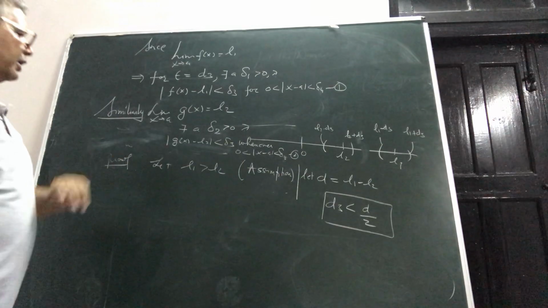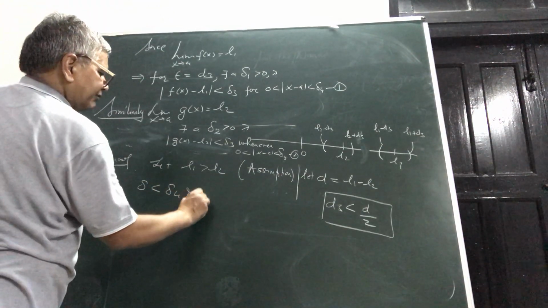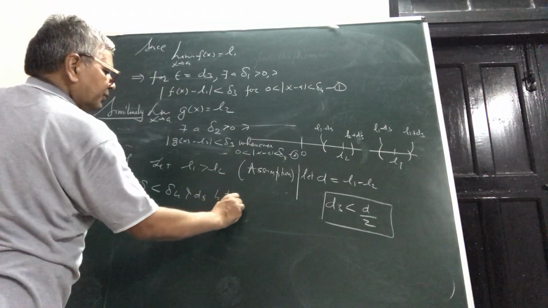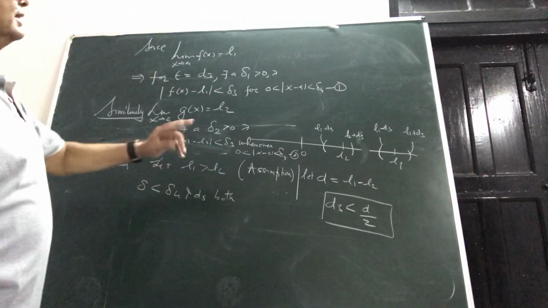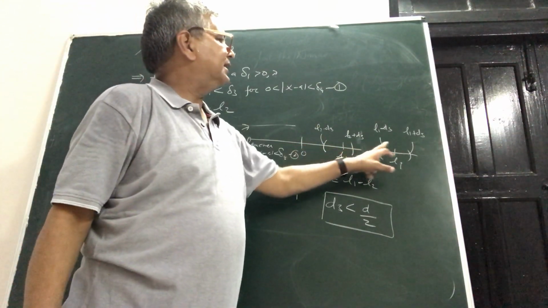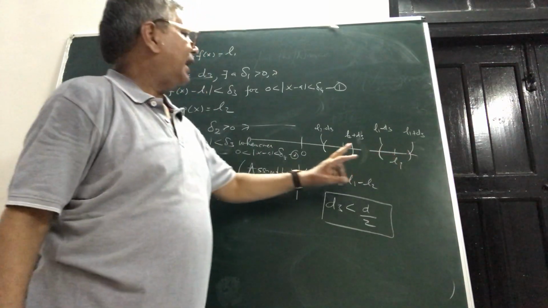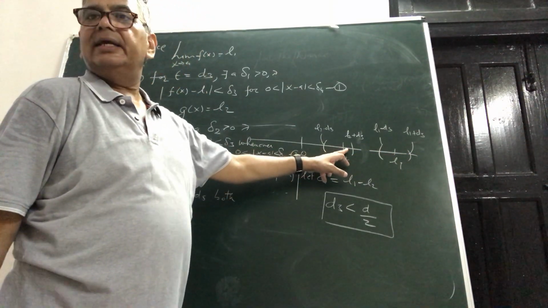Now from 1 and 2, let delta be less than delta 4 and delta 5 both. So under this condition, what will happen? f(x) will lie in this interval, and g(x) will lie in this interval.